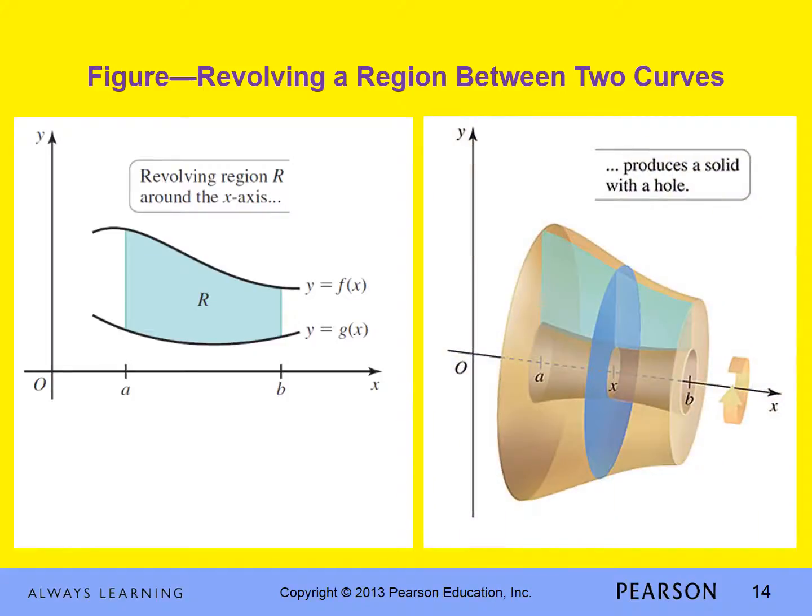With the revolution, we get not a circle for a cross section, but a washer is what we would call that blue thing. It looks like a compact disc, but it's called a washer, and so to find the volume of the solid with the hole in it, it's called the washer method.